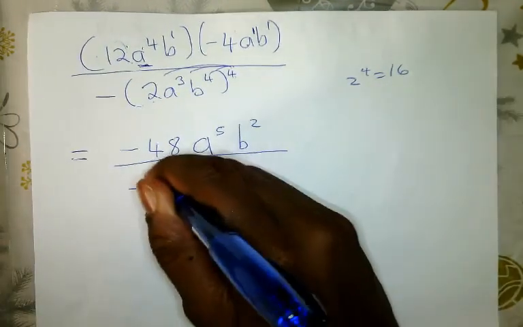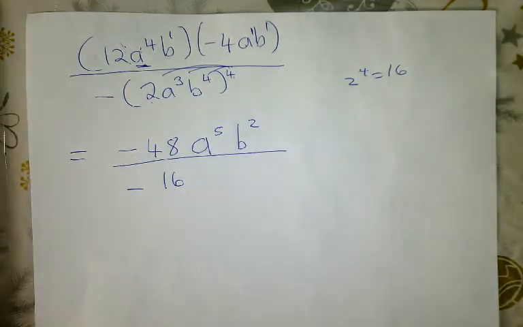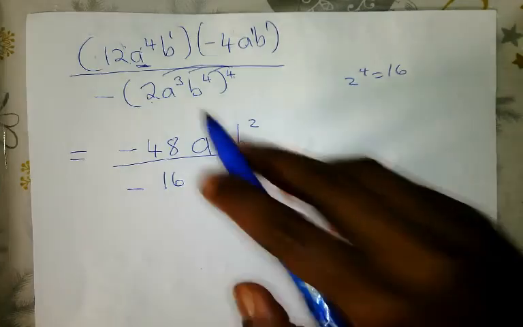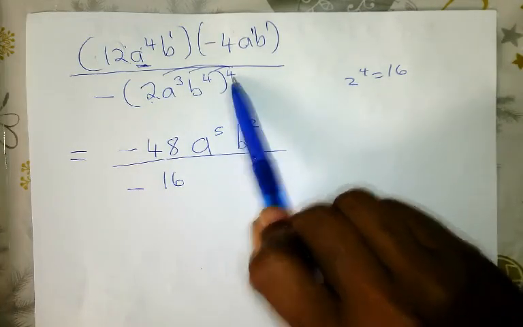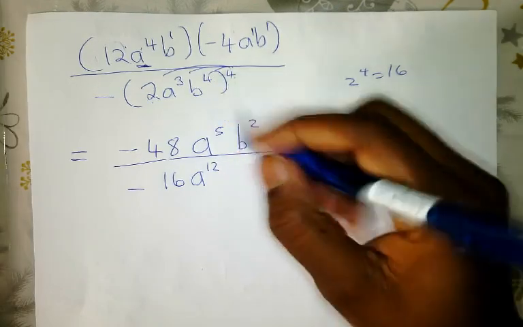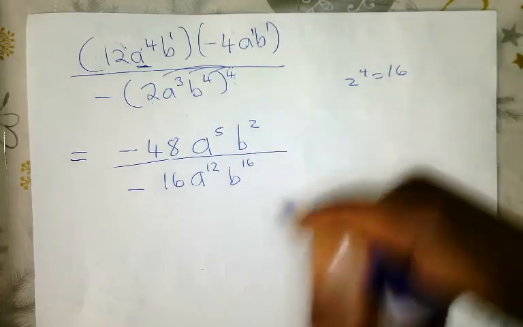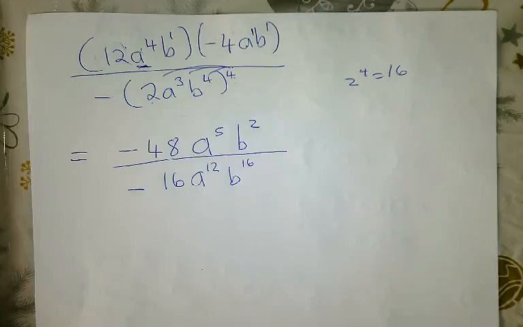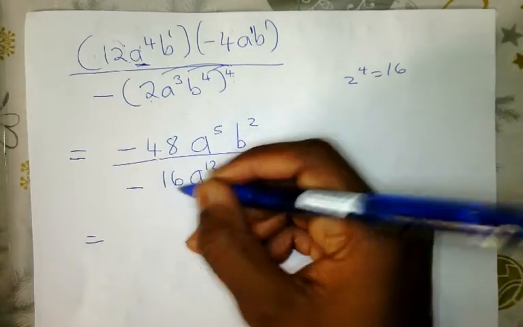And then I'm going to distribute. Bracket means what? Multiply. What is 4 multiplied by 3? 12. What is 4 multiplied by 4? 16. Is that fine? And then here, we're going to apply the laws of exponents. So 16 goes into 48 3 times, negative and a negative, it's a positive.